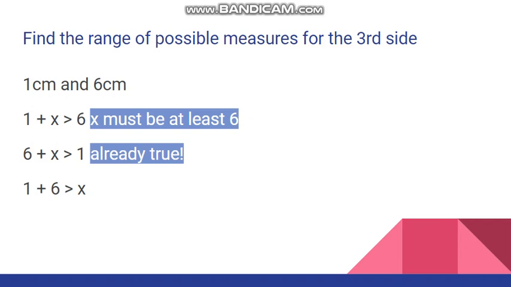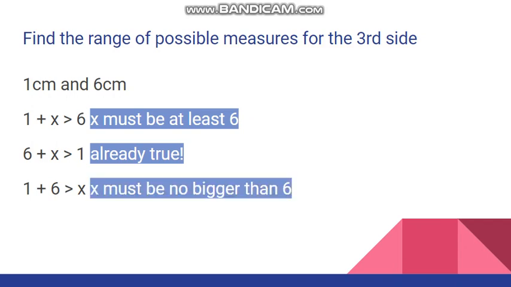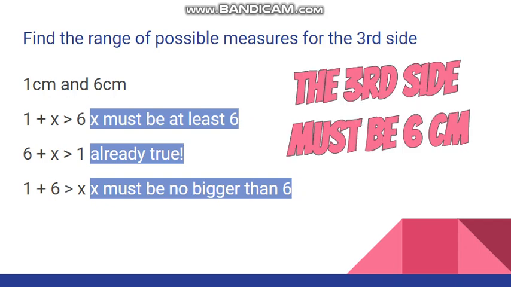And then if we look at this one down here, 1 plus 6 is greater than x. 1 plus 6 is 7. So for 7 to be greater than x, x can't be any bigger than 6. x has to be at least 6. It can't be smaller than 6 for this one to be true, and it can't be any bigger than 6 for this one to be true. So the only number that can work for x in this case is 6.